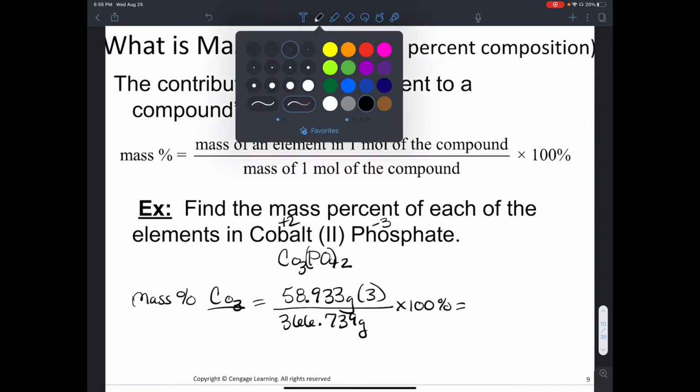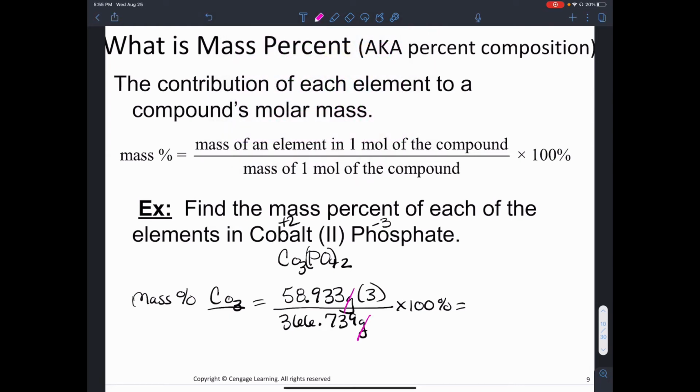Notice that the units for grams will cancel, and the units for percent is what will remain. That's what I'm solving for, is mass percent. Now the limiting figure here would be the one with the least amount of significant figures. 100 is the definition of a percentage, so that can't limit us.